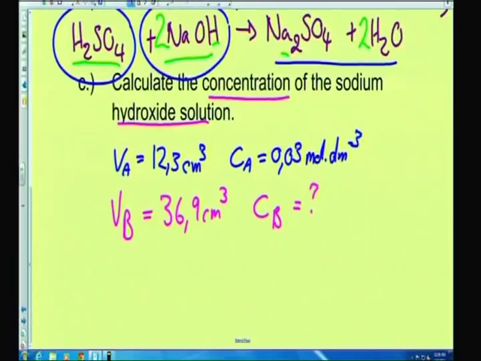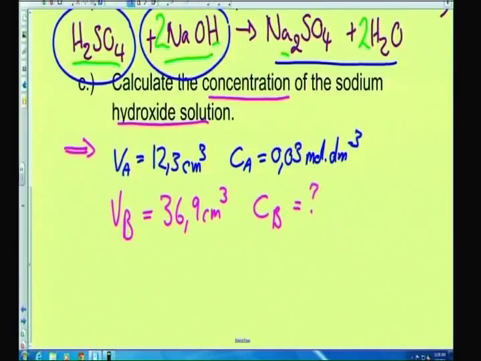The starting point for me is I know the concentration of the acid, I know the volume of the acid. I always try and work out the number of moles of things present. So I want to know the number of moles of acid.